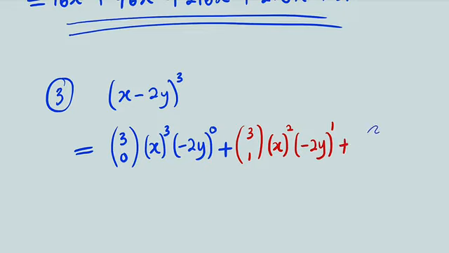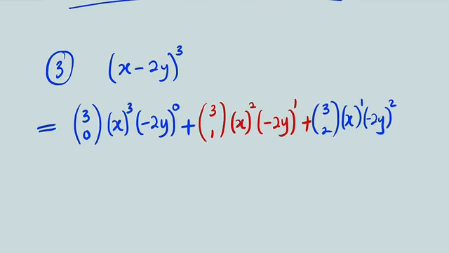Then plus 3 combination 2, x to the power of 3 minus 2 is 1, then negative 2y to the power of 2.